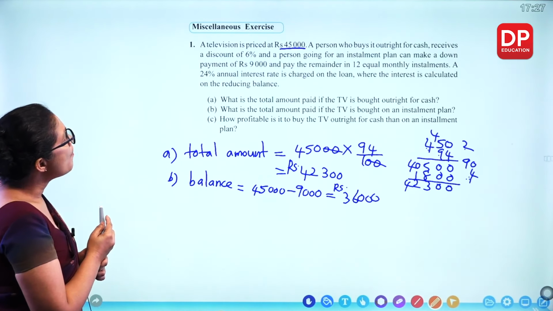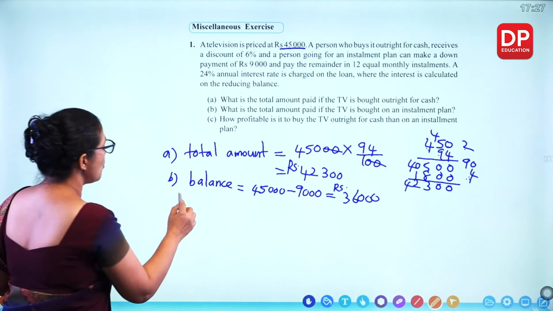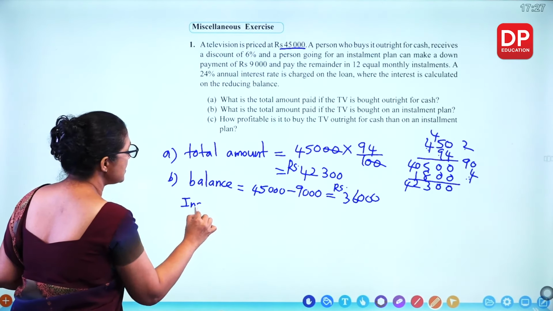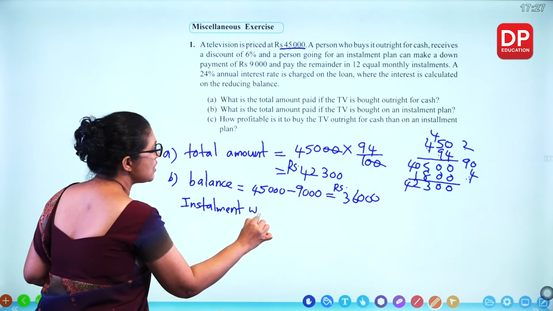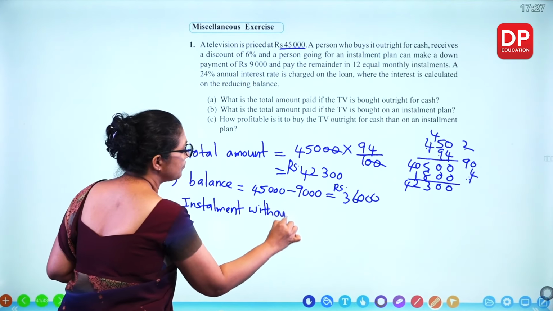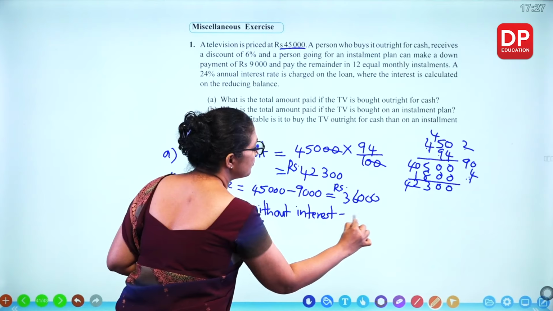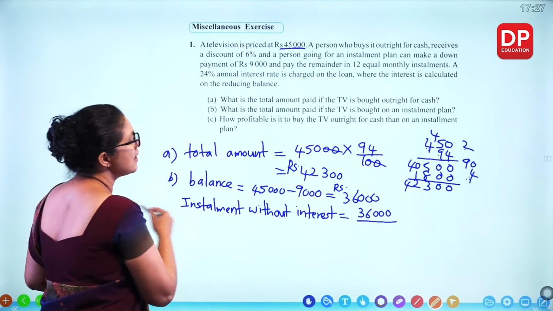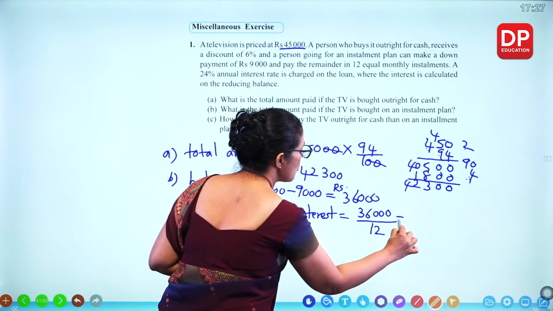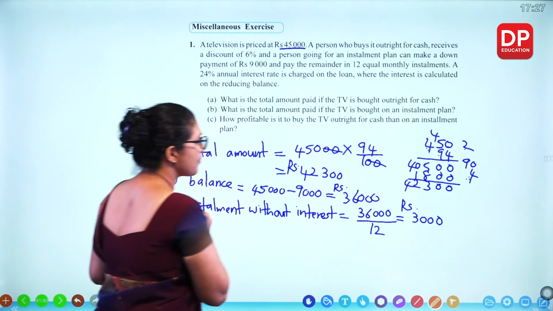And how many months? 12 equal months. So what's the installment without interest? 36,000 divided by 12. So you get 3,000 rupees.